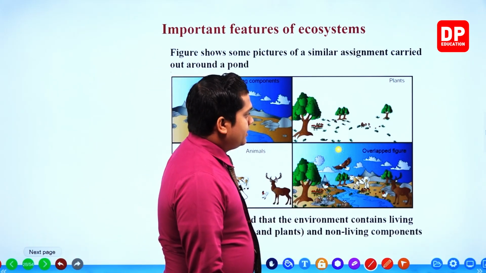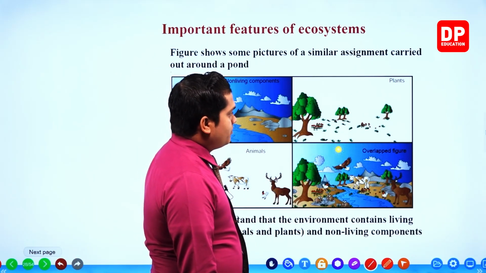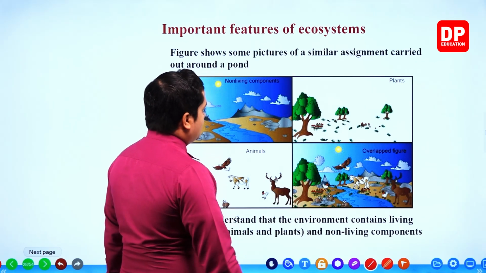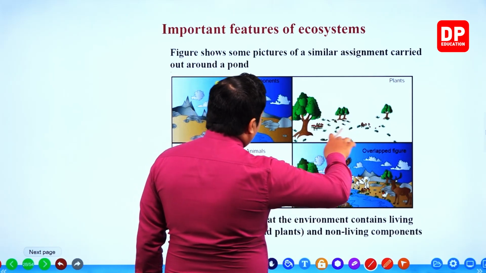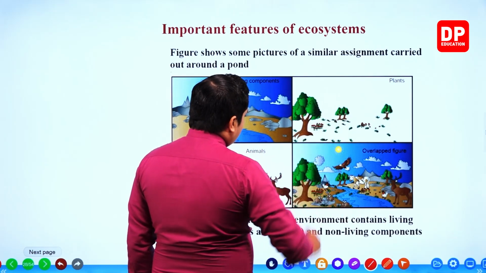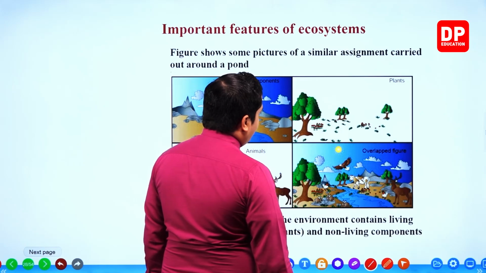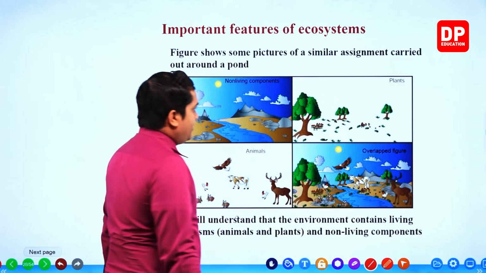Then in the next picture, you can observe the plants. So large trees are there, smaller trees are there, grass is there, then small flower plants are there, right? So the second one, plants.